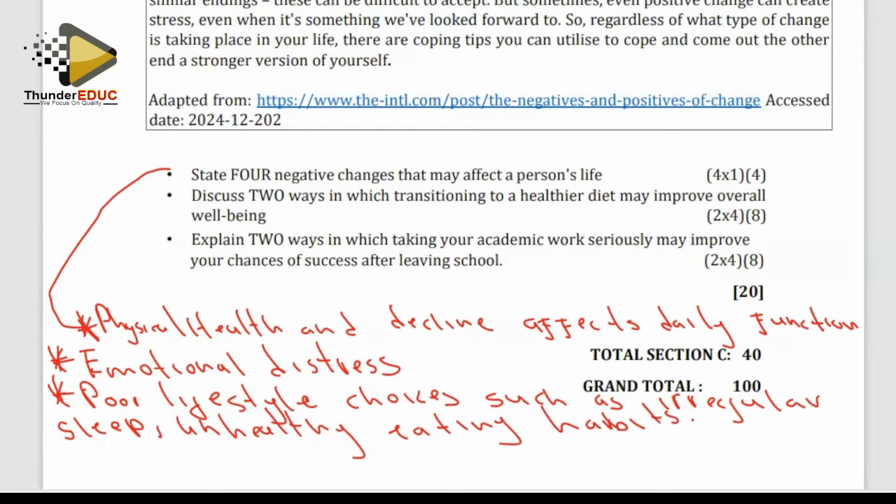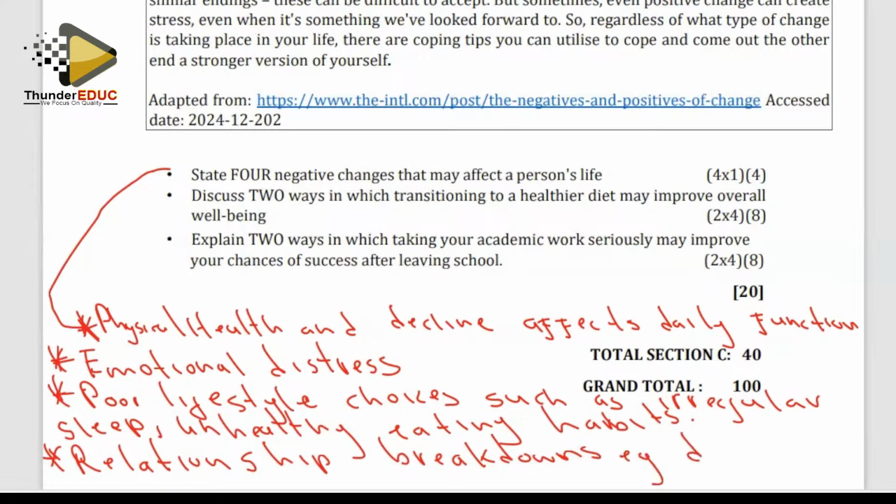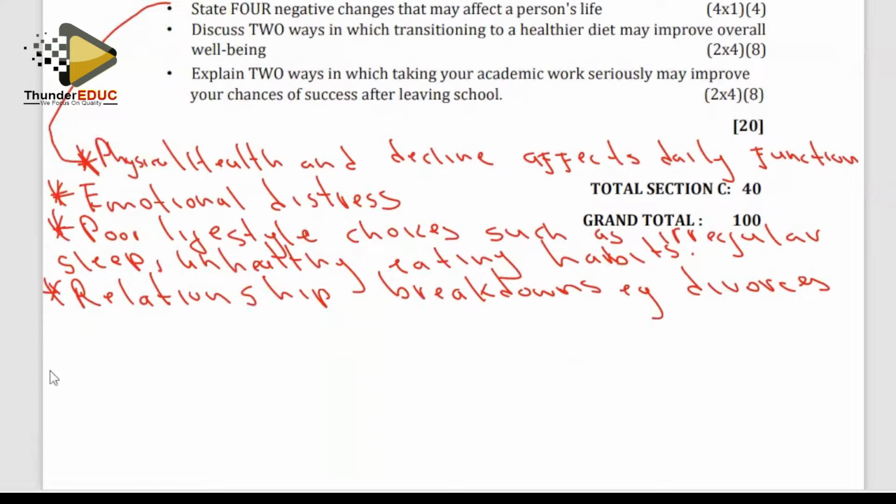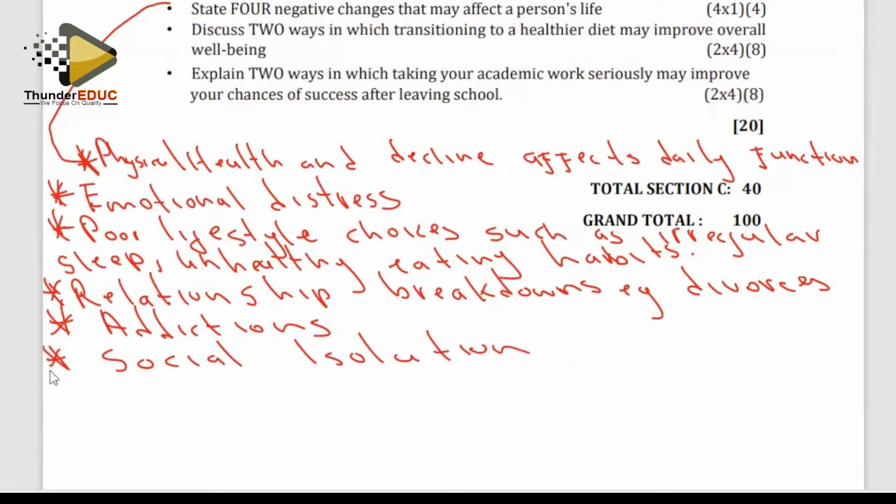Then we also have relationship breakdowns, such as divorces. Then we also have things such as addictions and social isolation. So all these are negative changes that could affect a person's life.